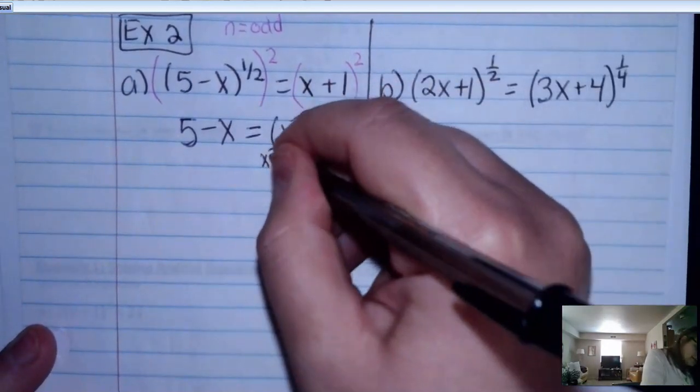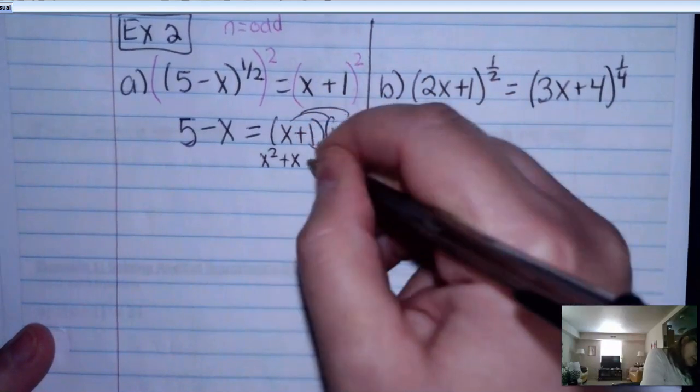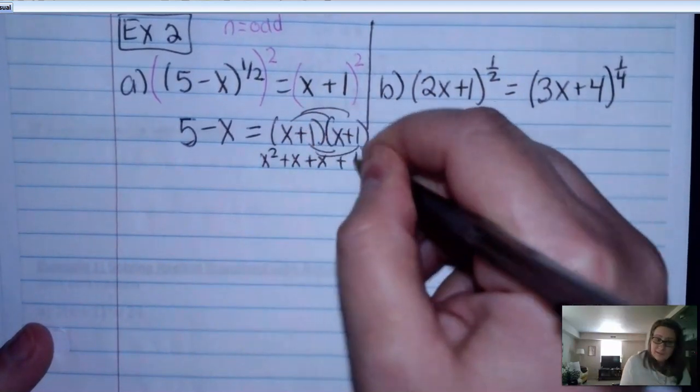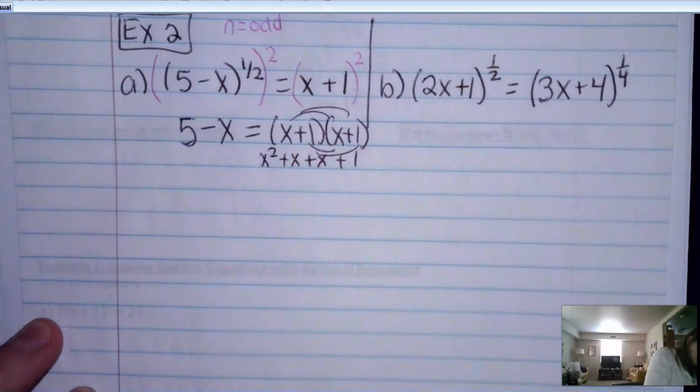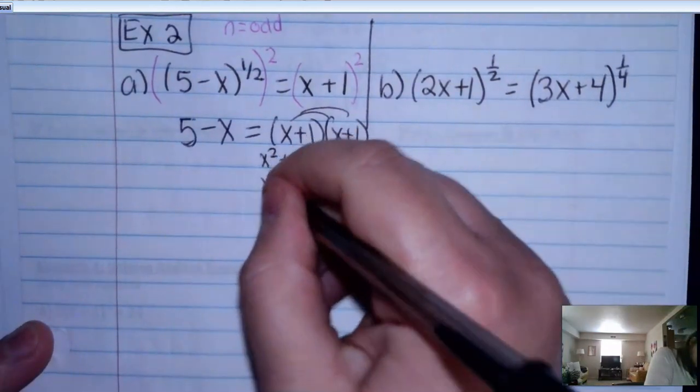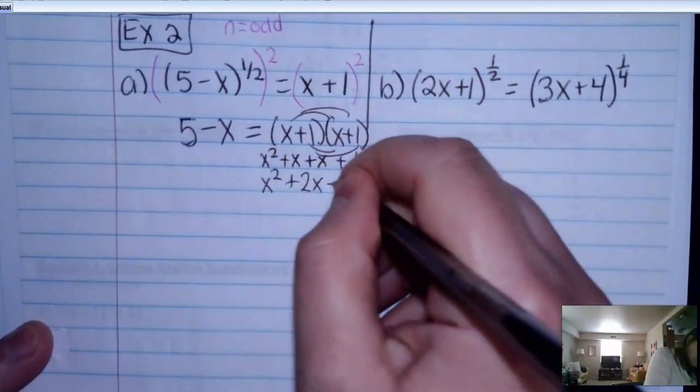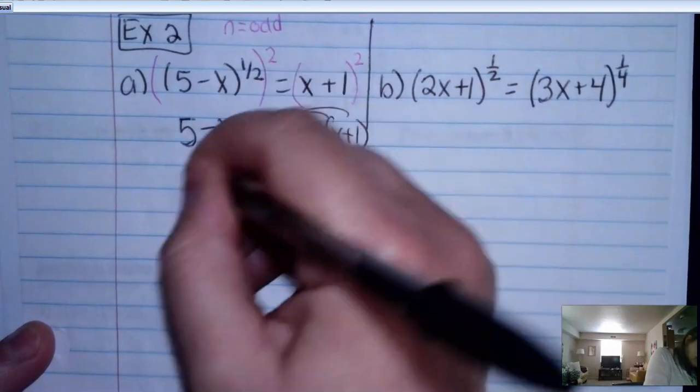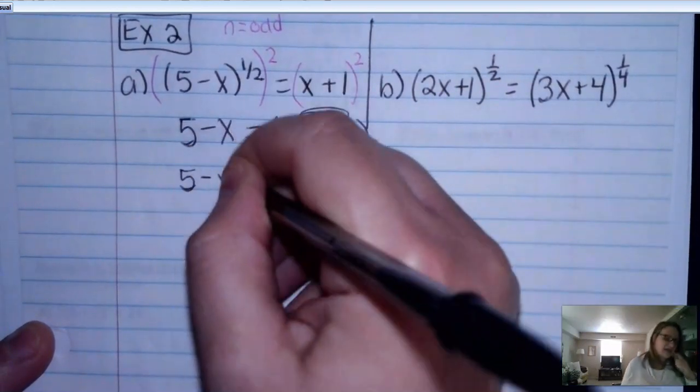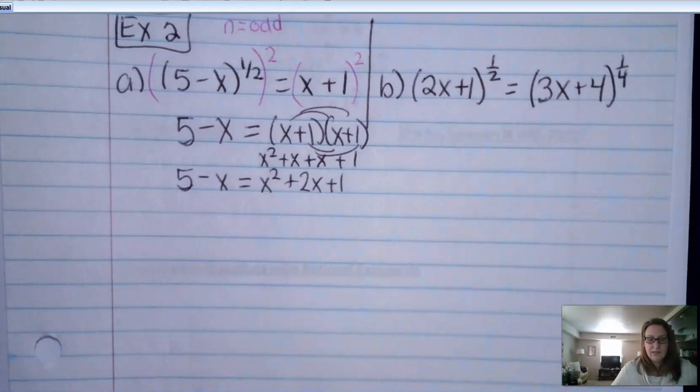This is going to be x squared plus x plus another x plus 1. 1 times 1 is 1. Simplify this, you're going to get x squared plus 2x plus 1, and I'm just going to bring down this 5 minus x. Okay, now we are going to end up with a quadratic here, so don't freak out.